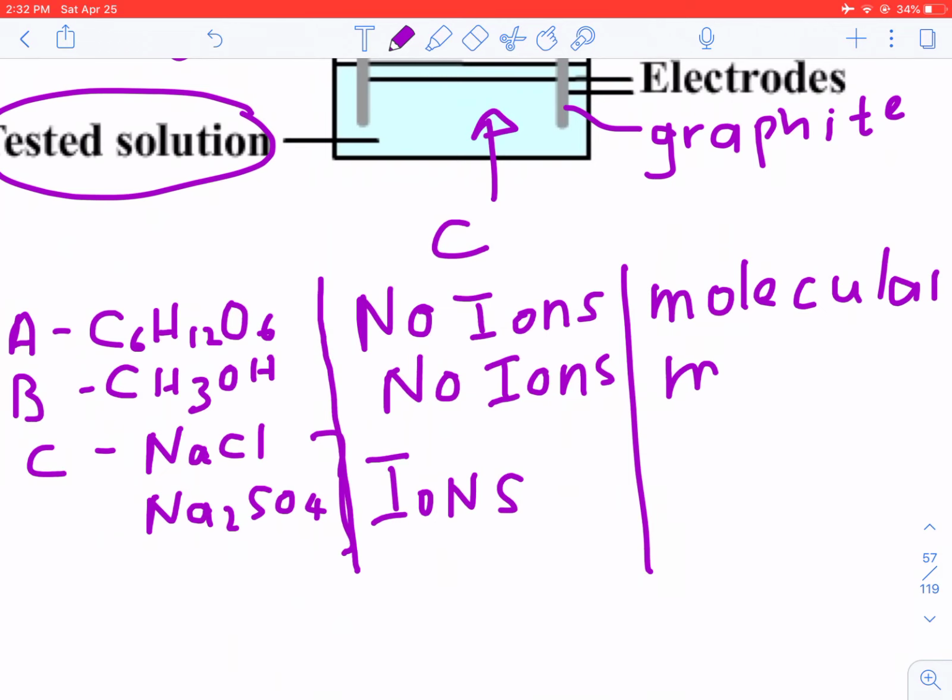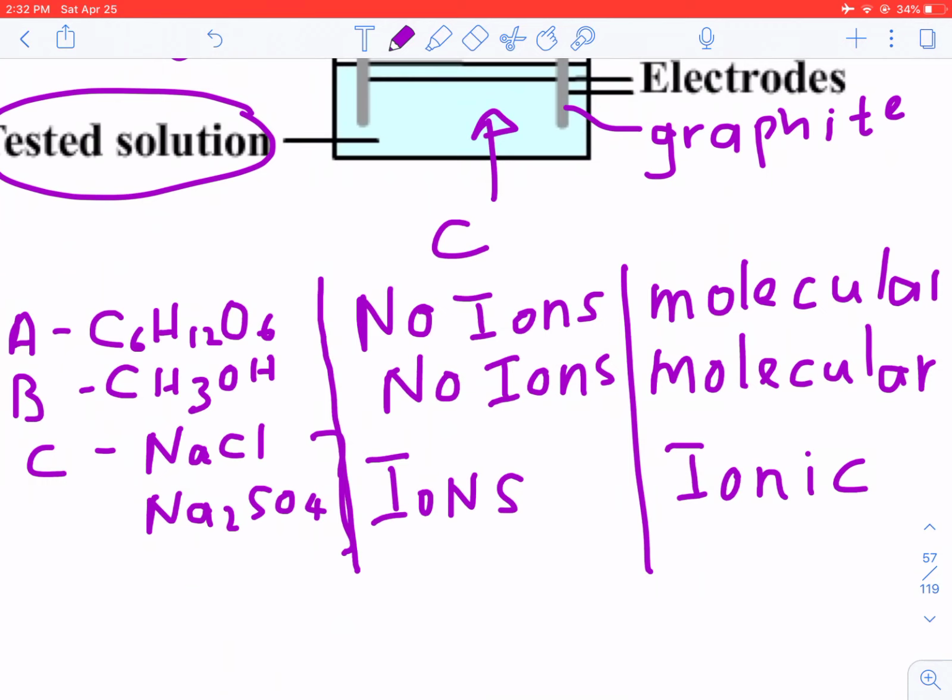And even if we have methanol, it is also a molecular substance. And sodium chloride, we know that is an ionic substance.